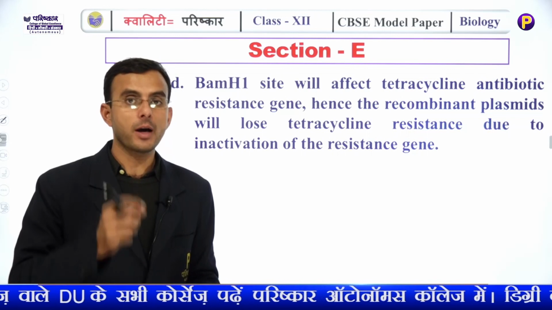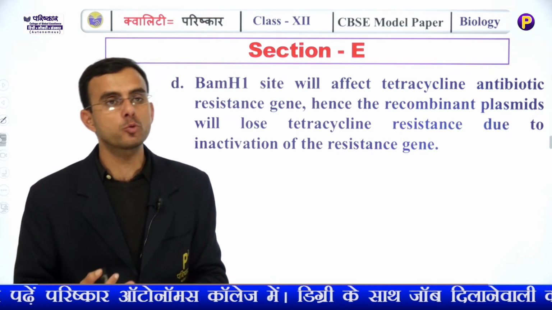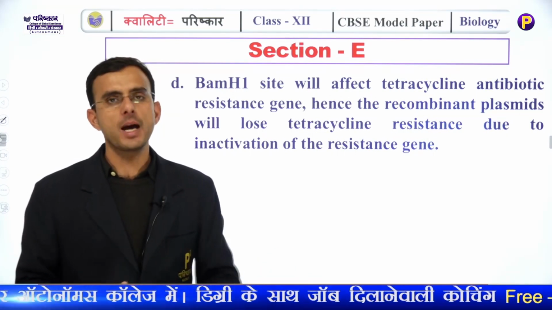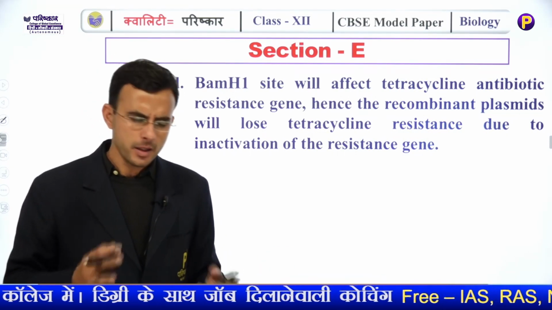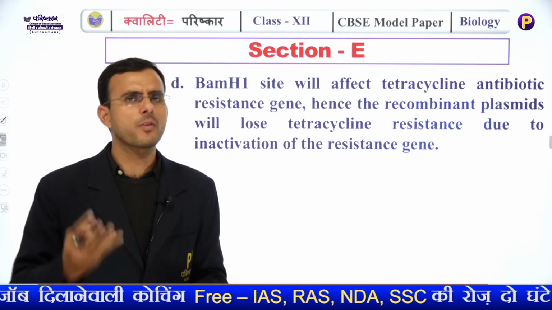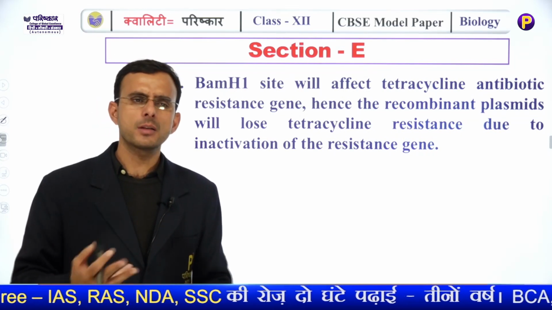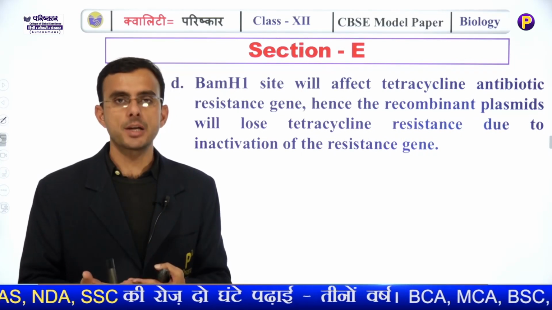If it is not able to show resistance to that antibiotic, we are able to identify that one. And there are a huge number of other methods, such as color change. That is one example, and after this there are many more color change methods.